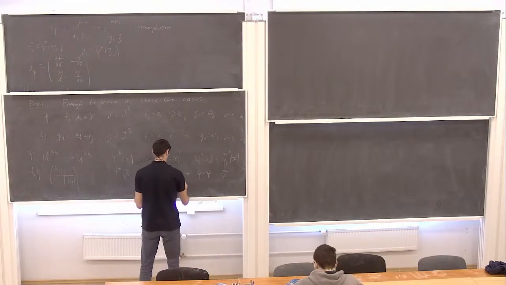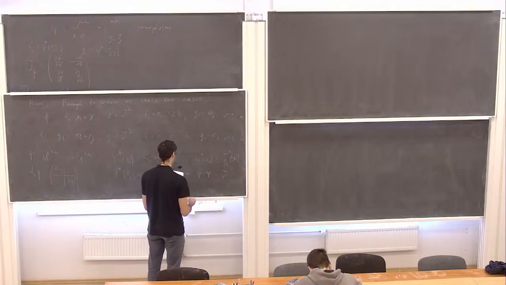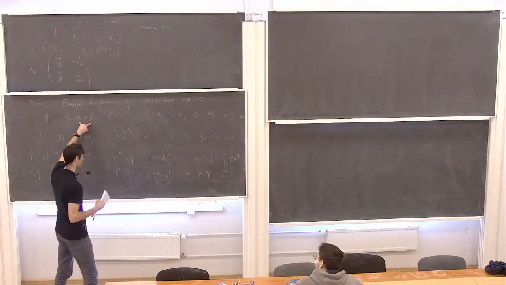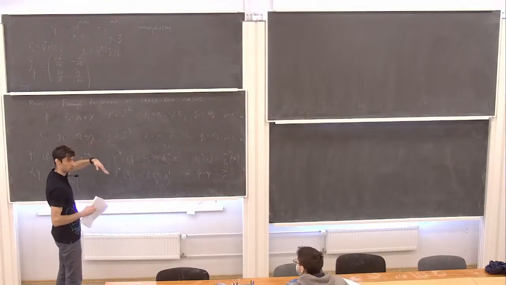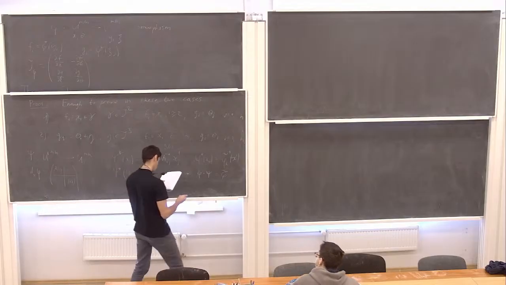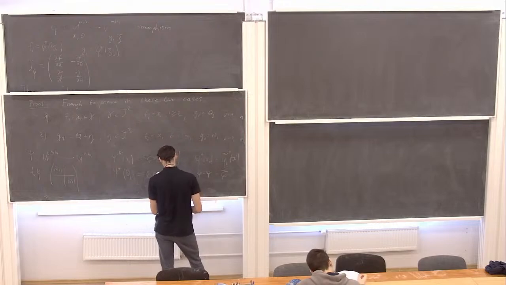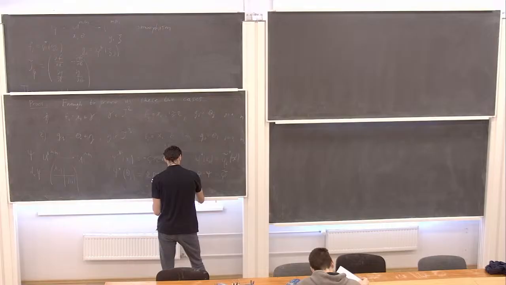Then phi tilde was almost of the form that we need. We just had this form of change, but for all the coordinates, right? So phi tilde was acting on y_i.